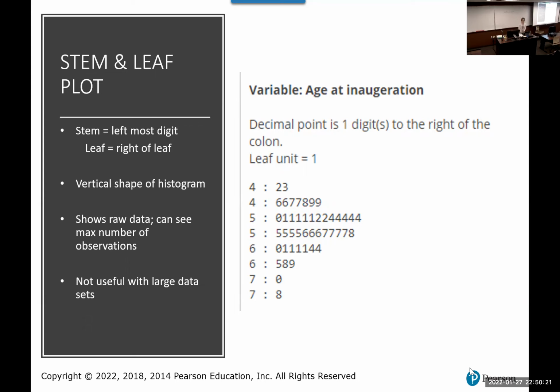Okay, moving on. So we've looked so far at a histogram, which is our preferred method, and the method we're going to be using to look at data in this class for the most part using technology. We've looked at a stem and leaf plot, which can be constructed by hand fairly easily, and it still gives the same type of information as a histogram.